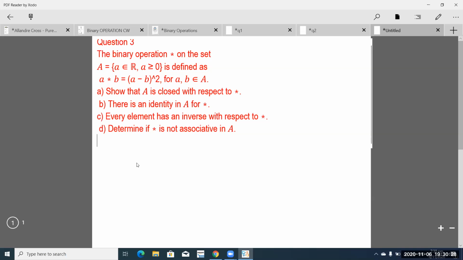That's the only way the set is closed: if this result is inside the set A, a real number that is also greater than or equal to 0. So let's do that question now.